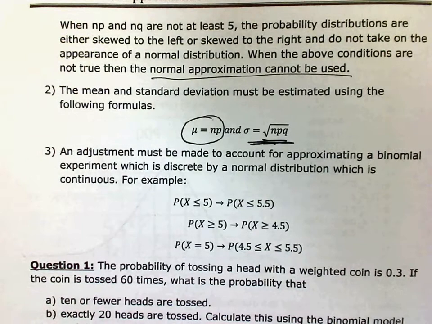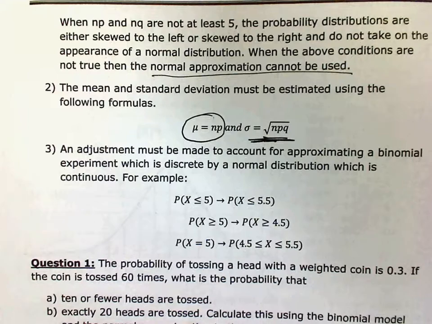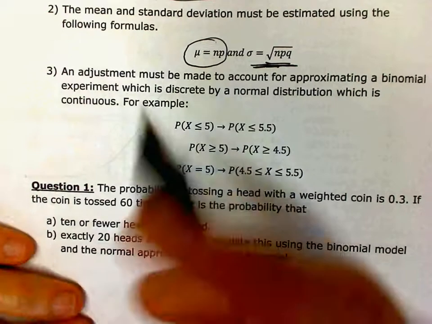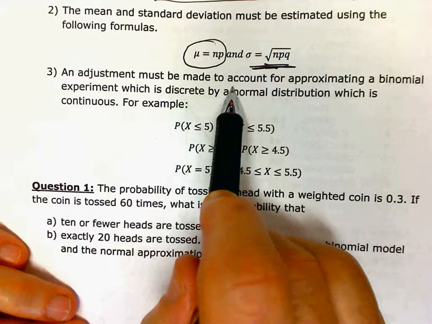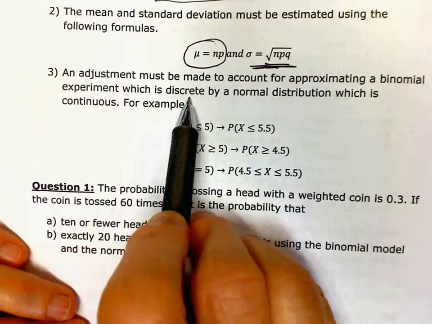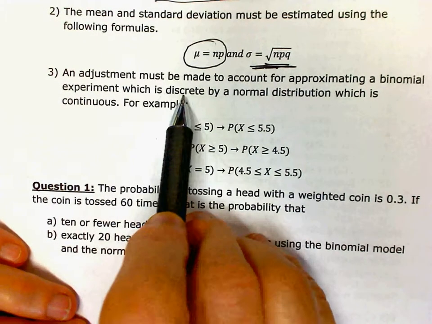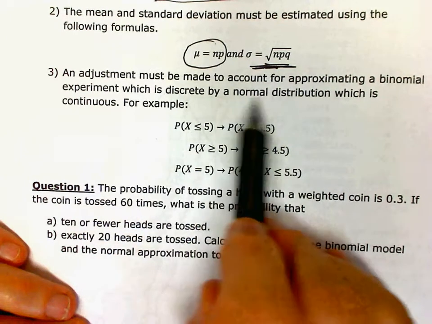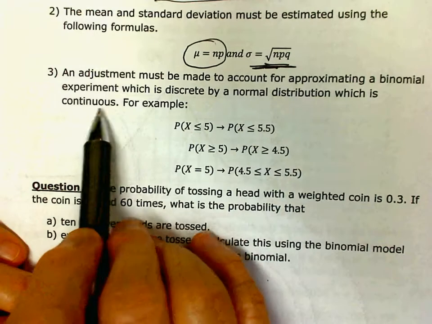Now, we need to do another step because we are adjusting a binomial which is discrete. We want to approximate a binomial, which is discrete, by a normal distribution, which is continuous.